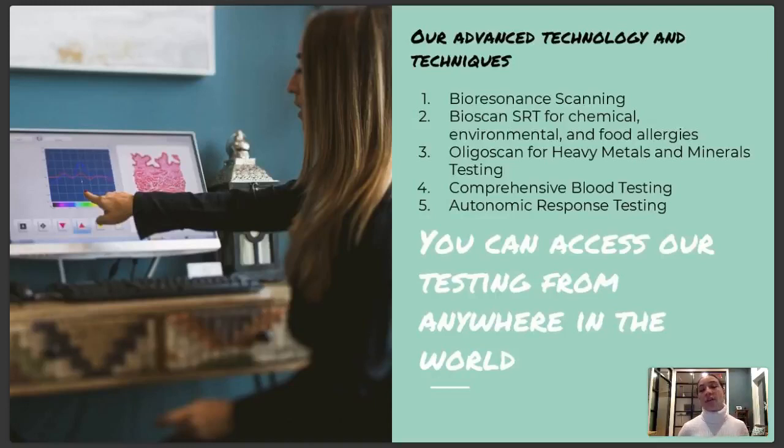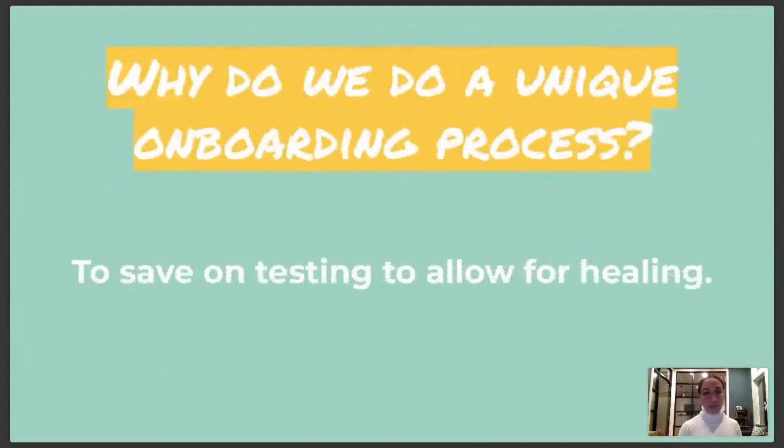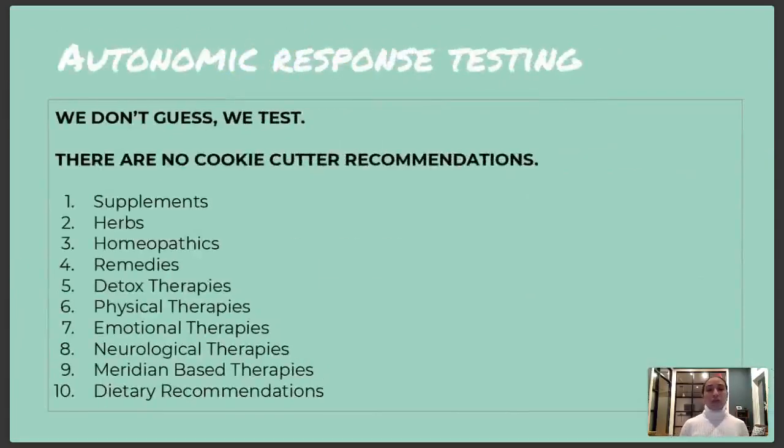And then the other thing on here is called autonomic response testing, which I'm going to just switch over to this slide really quick. So the autonomic response testing is one of the most amazing tests that we do here, because when it comes to the healing process and knowing what your body needs, every single one of you are completely different.